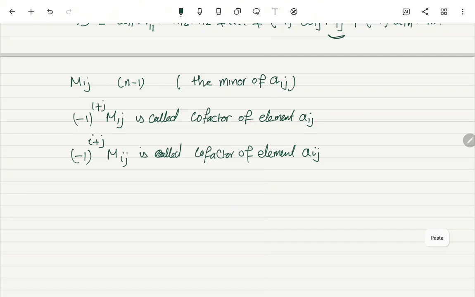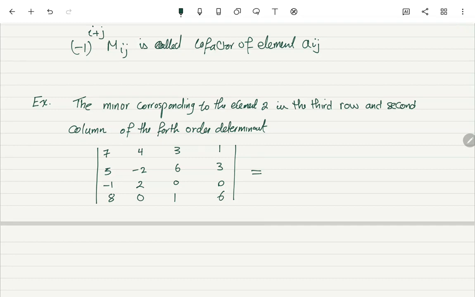To understand this very well, let's have this example. In this example, the minor corresponding to the element 2 in the third row and second column of the fourth order determinant. So this is the fourth order determinant, and we would like to find the minor that corresponds to the element 2 in the third row. This is the third row right here.